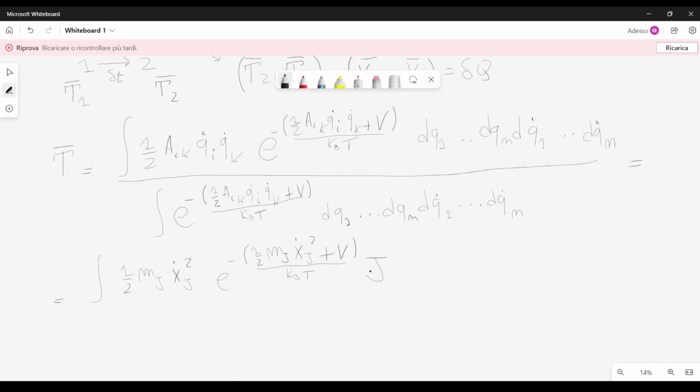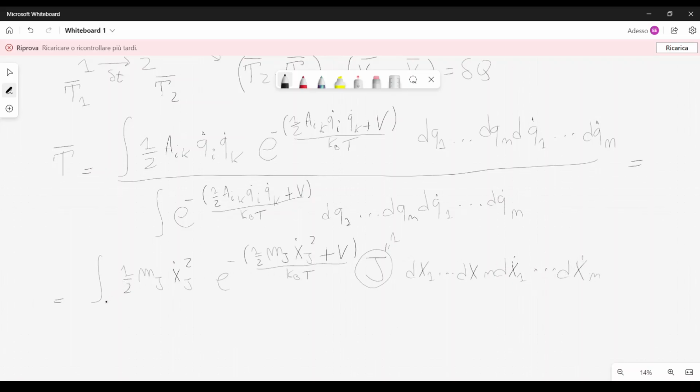And then in principle here we also have the Jacobian of the transformation, but we know that this is equal to 1 for a canonical transformation. These transformations must be canonical. Then we have dx1 ... dxn, dx dot 1 ... dx dot n.